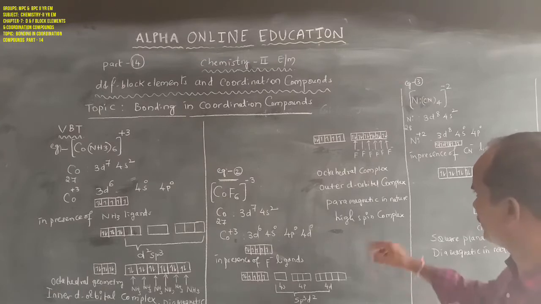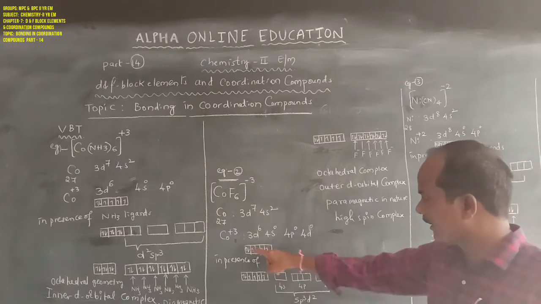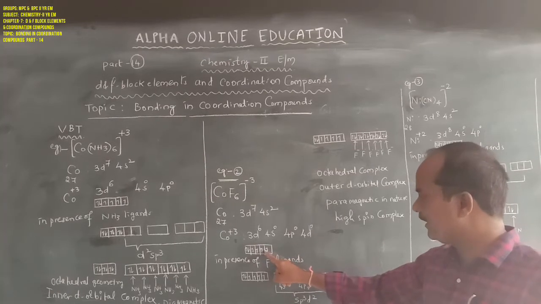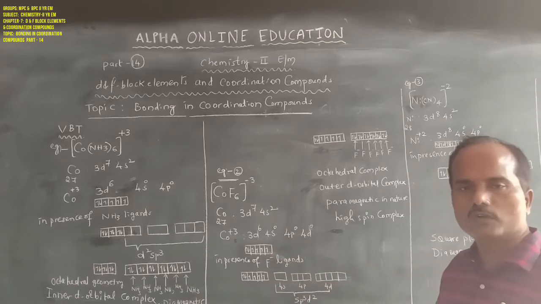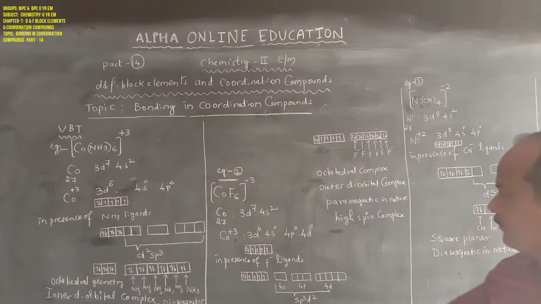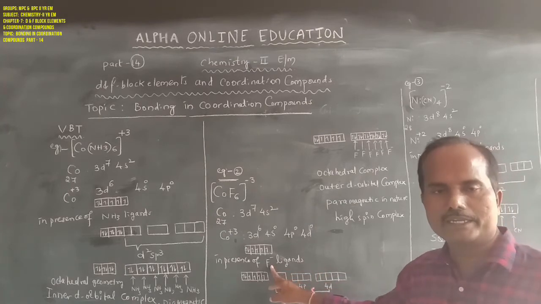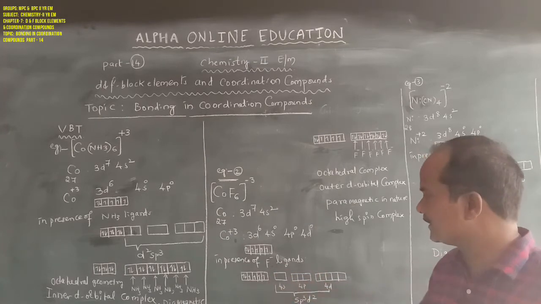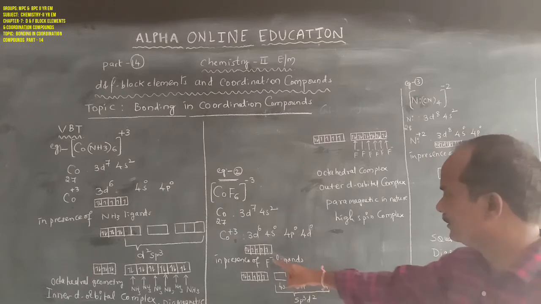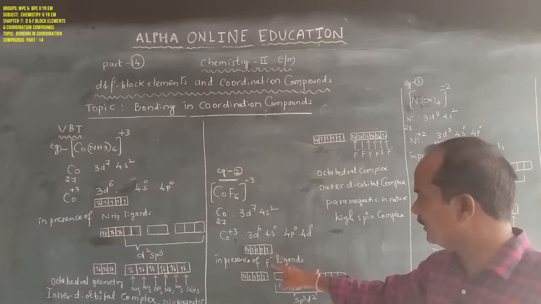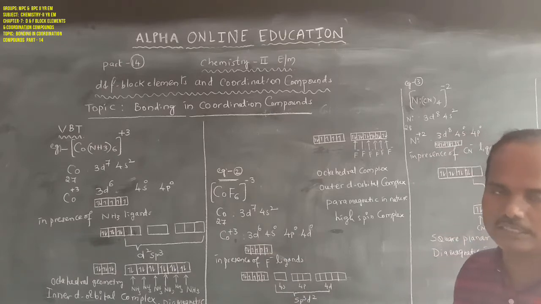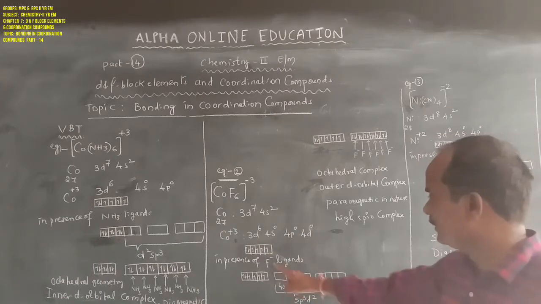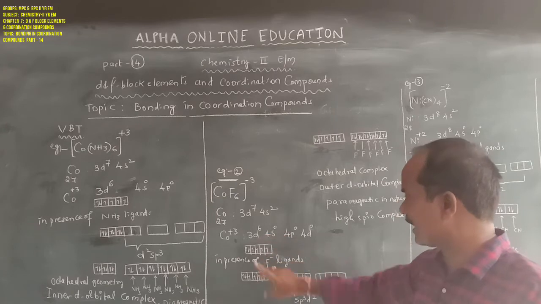Why can't the unpaired electrons be affected by fluoride ligands? Fluoride is a weak ligand, so there is no influence on the inner d orbitals and the electron distribution is as usual.